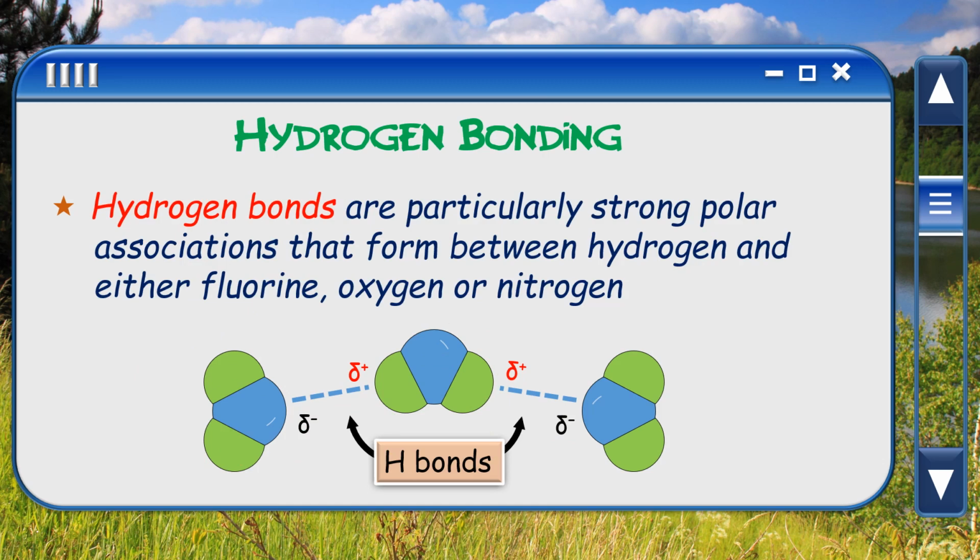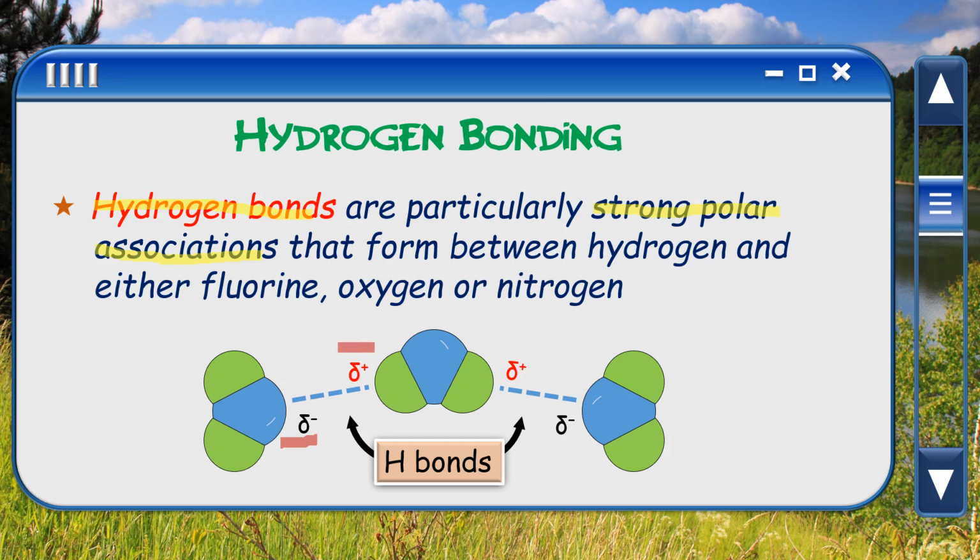Hydrogen bonds are particularly strong polar associations that form between hydrogen and either fluorine, oxygen, or nitrogen. So here we are saying that hydrogen bonds are stronger polar associations. For example, oxygen here is partially negative, and hydrogen here is partially positive.